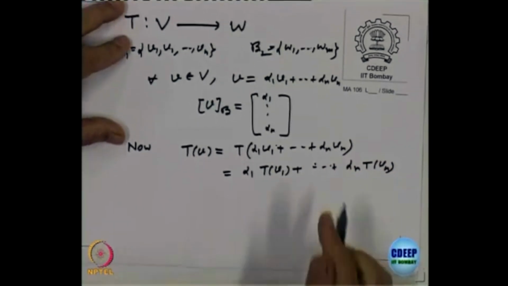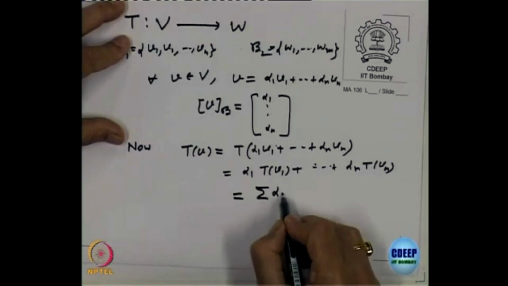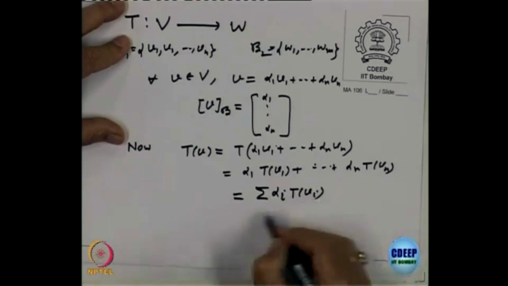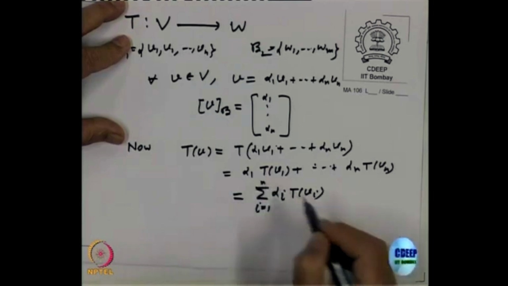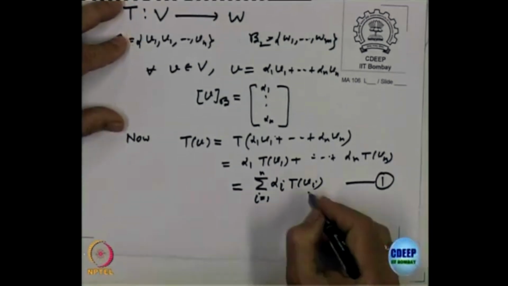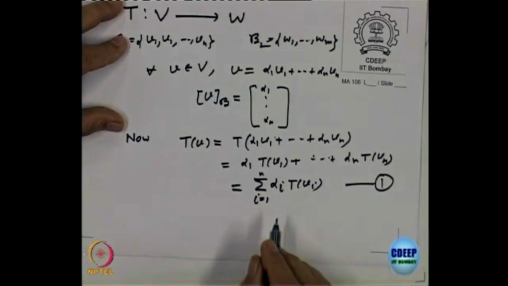Let us shorten it instead of writing dots: this is sigma alpha i T of Vi. Let us keep this as it is. That means if I know the T of Vi's, I know T of V. That is what I said earlier also.